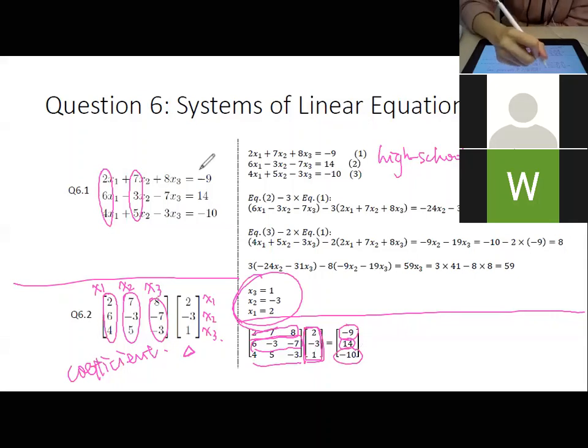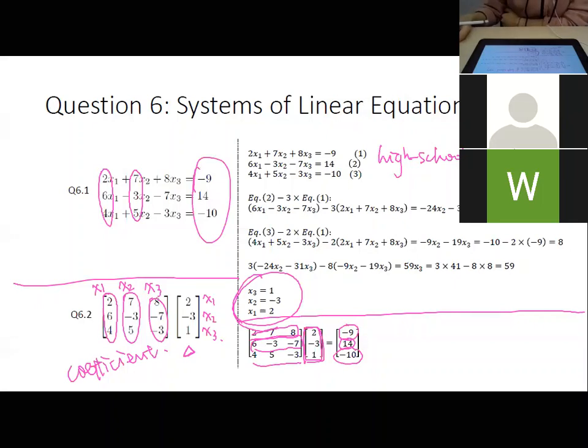Then we can observe that these are the answers on the right side of the equation. So after these 2 questions, I hope you can bear in mind that we can use matrices to solve linear equations, and there is a close linkage between matrices and linear equations.